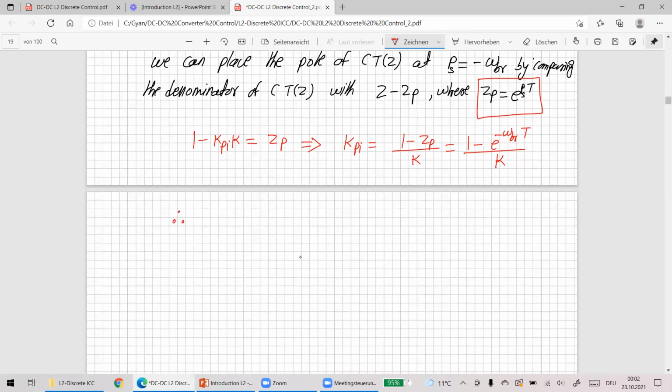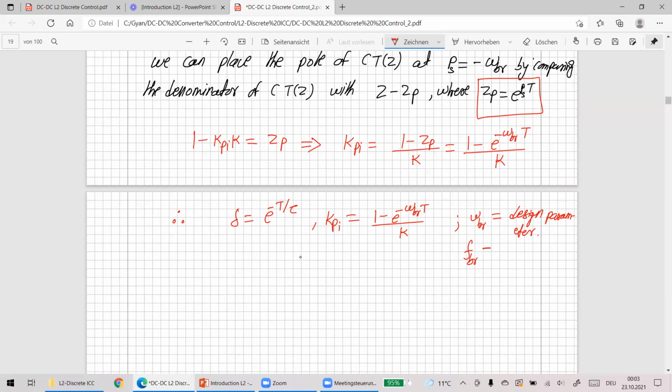So if we want to summarize the PI tuning, what we have is del equal to e power minus T over tau. KPI is equal to (1 minus e power minus omega BR T) over K, where omega BR is your design parameter, which we also discussed in the first lesson.